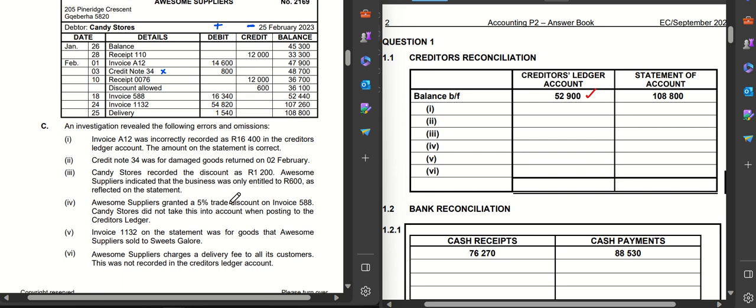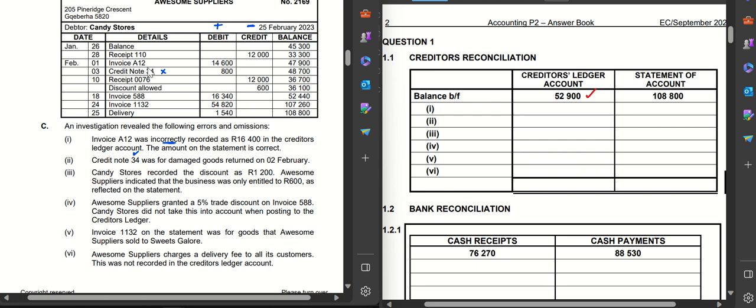Let's start with adjustment number 1. It reads, invoice 812 was incorrectly recorded as 16,400 in the creditors ledger account. So they're already telling us it was incorrectly recorded as 16,400 in the creditors ledger account, the amount on the statement is correct.